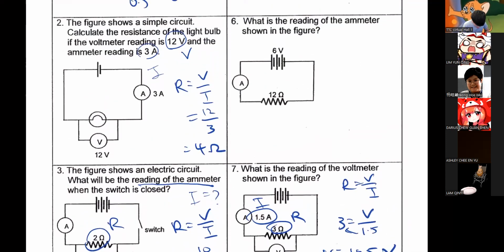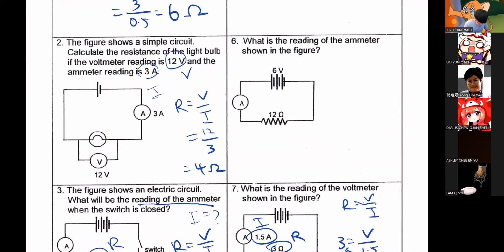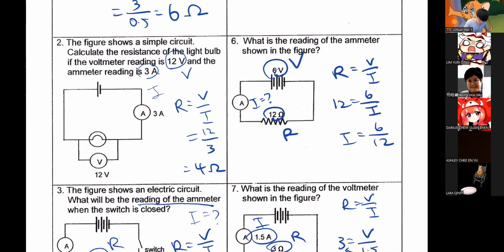Okay, next. What is the reading of the ammeter? Again, they want the I. So this is the V, this is the R. So 6 over 12, you get 0.5A.